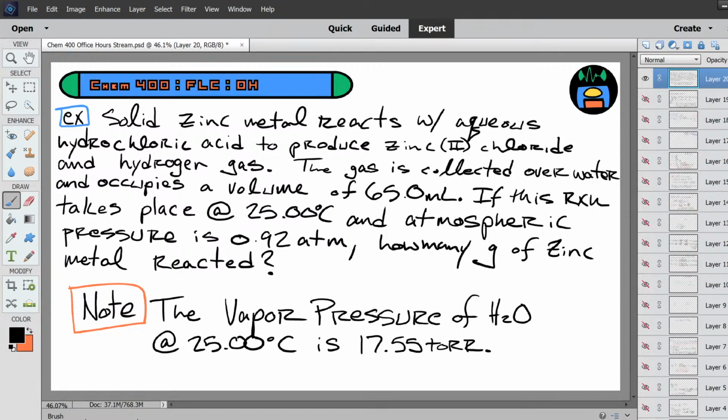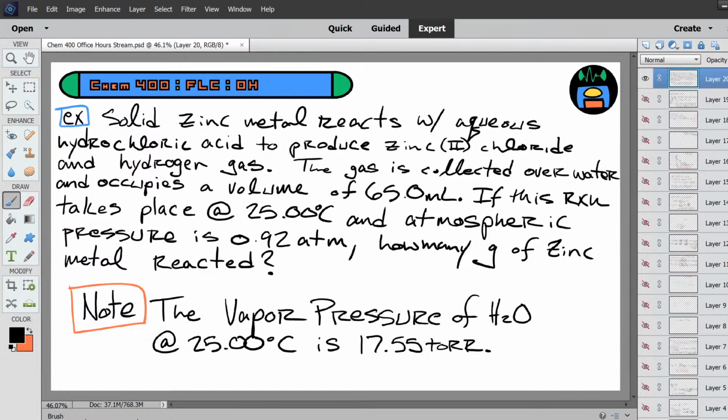All right. Now, the reason why this wasn't included in the original problem is because when you're doing homework problems, they won't give you the vapor pressure of water. The vapor pressure of water is different at every temperature, so you have to look it up in a table. So when you're doing a problem where gas is collected over water, you've got to find that table, find the vapor pressure at the temperature the reaction is taking place at, and use that value.